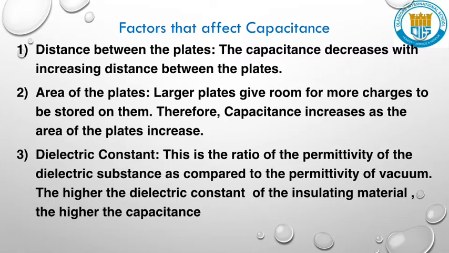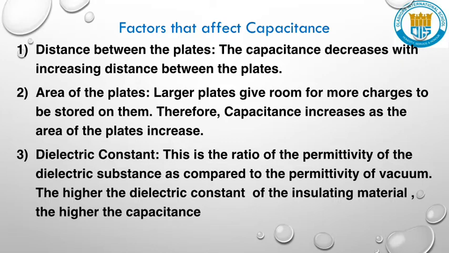And if you have more charges stored, that means you essentially have more capacitance. Because remember, C equals Q over V. If your V is constant but you increase the Q, then you have increased the capacitance. So the area of the plate has a direct relationship with the capacitance of the capacitor. If the area is increased, capacitance also increases.